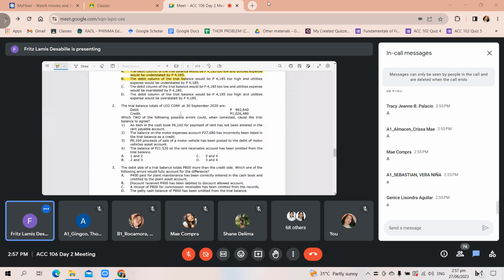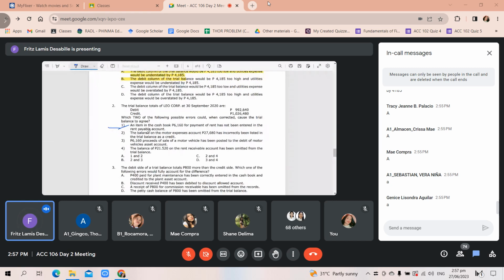The balance in the motor expenses is correctly listed. When corrected, what is the effect? It's an error because you should have entered it in rent. Okay, I'll park number 1 for now, because I got confused in number 1.